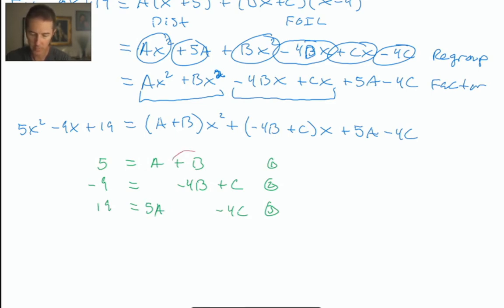Or I could take equation 1 and multiply it by positive 4 so that when I add it together with equation 2, my b's would cancel out. Or take equation 2 and multiply it by positive 4, so that when I add it to this negative 4, those cancel out. So if you're looking for a specific recommendation, any one of the three that I just listed is perfectly good.